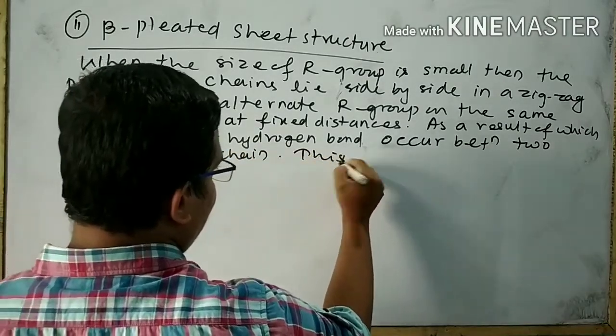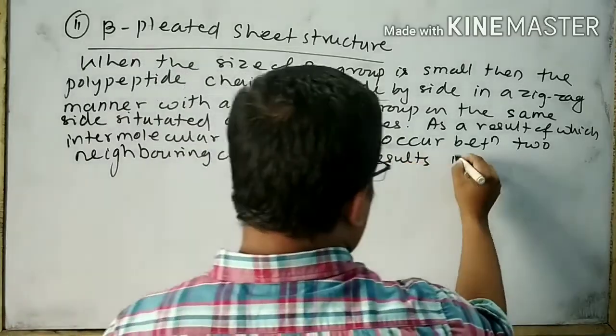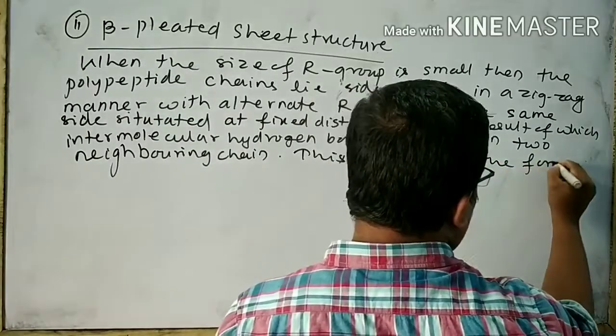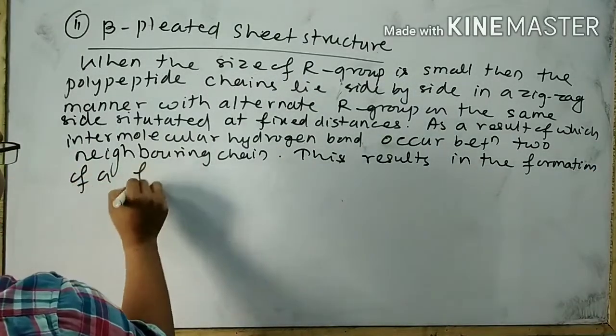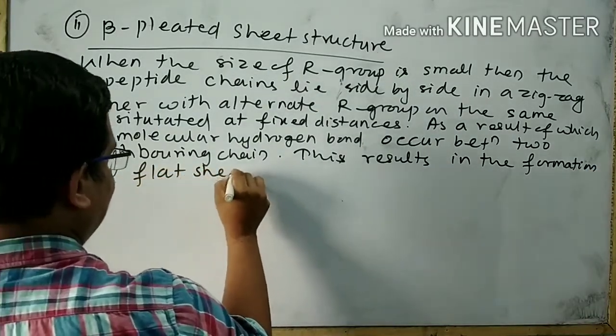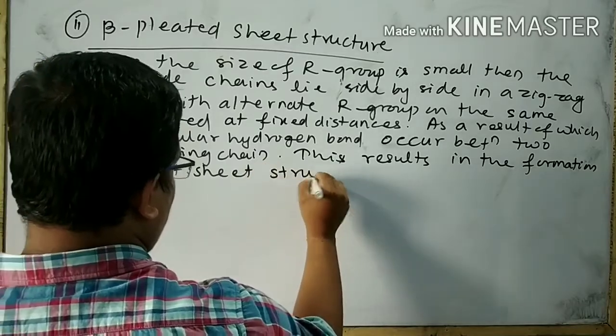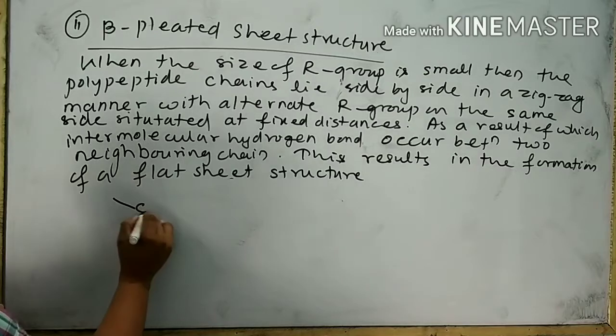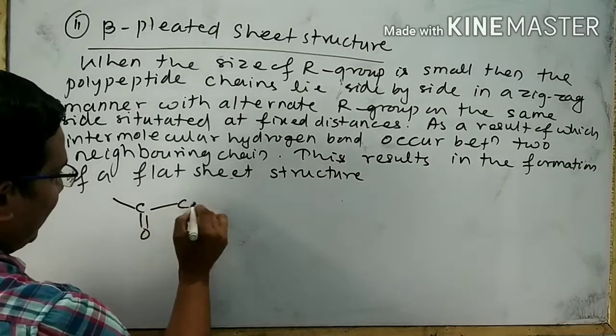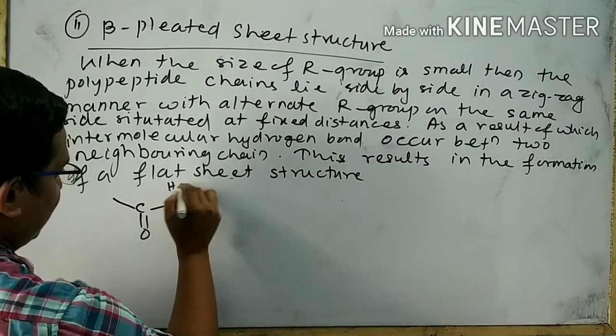This results in the formation of a flat sheet structure. Look at that. Suppose I draw a polypeptide chain like this.